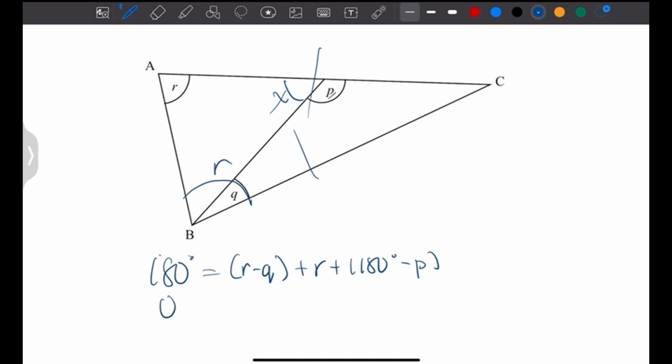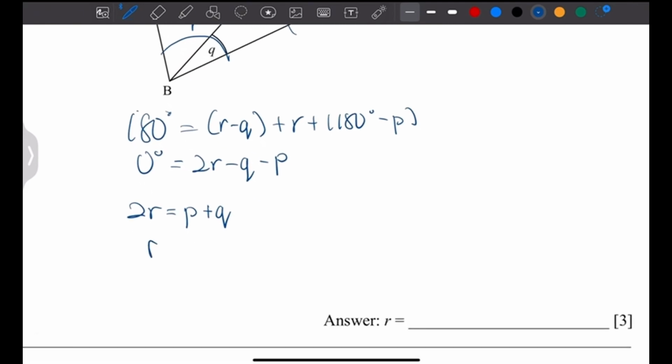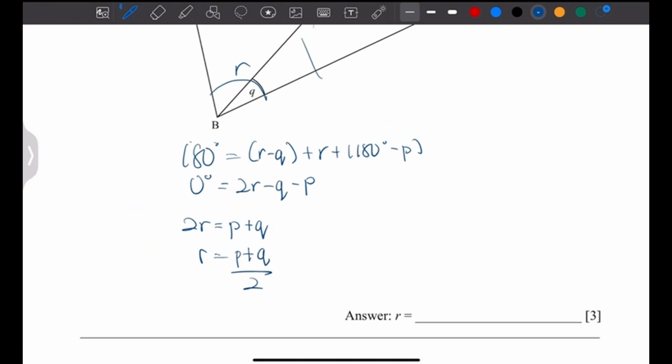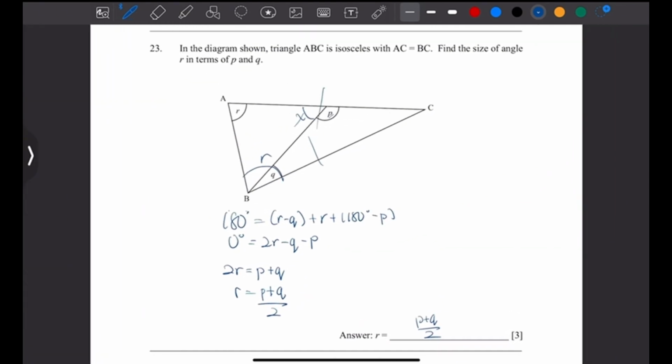This will become 0 degrees equals 2R minus Q minus P. Now we want to isolate R. R equals P plus Q divided by 2. So that's how you find angle R.